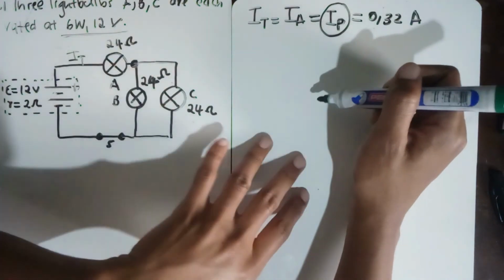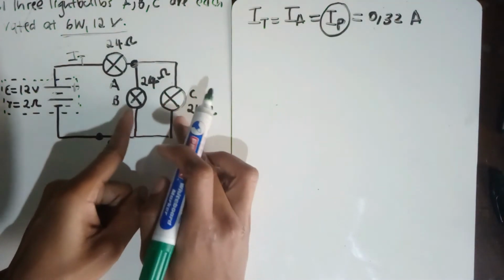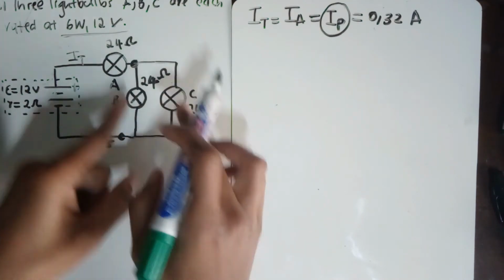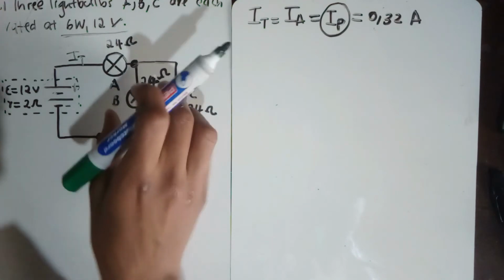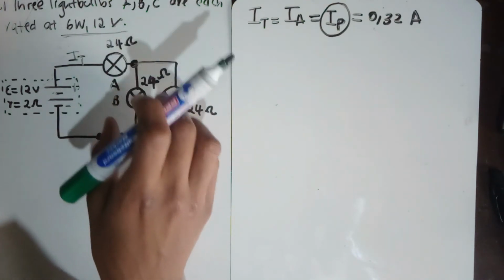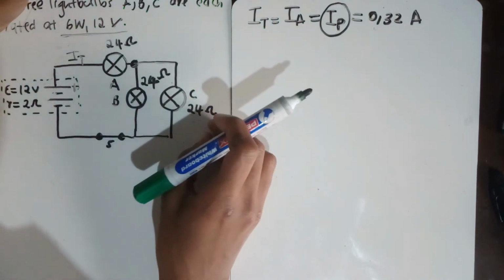Another important thing to note is that for resistors or light bulbs, remember, these light bulbs have resistance, so it's almost like resistors in parallel. The potential difference is the same across them. What does that mean?